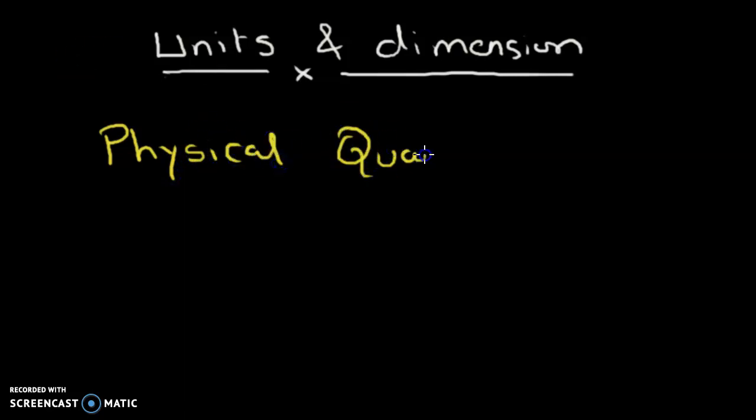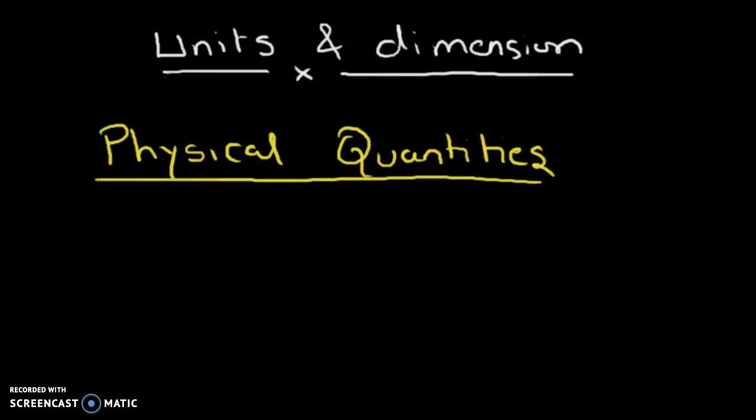So units. For that, I need to first explain to you the physical quantities. What we actually learn in physics are the physical quantities. And what do you mean by that? It means the quantities which you can measure, like the mass you can measure, like the time you can measure.